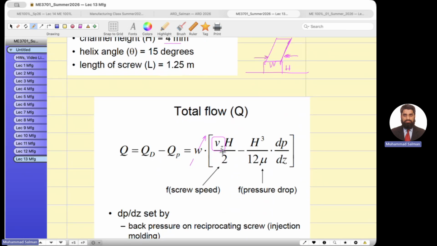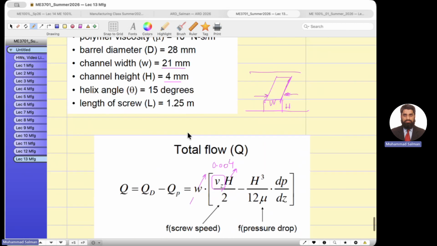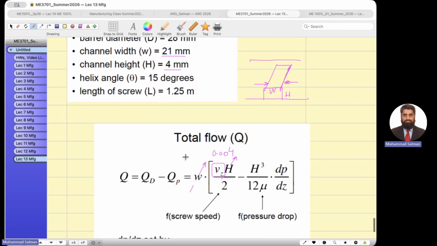So I would write down height is 0.004. Agreed. Now W is given, which is 0.021. Height is 0.004, and again 0.004 cubed. This is h power 3.